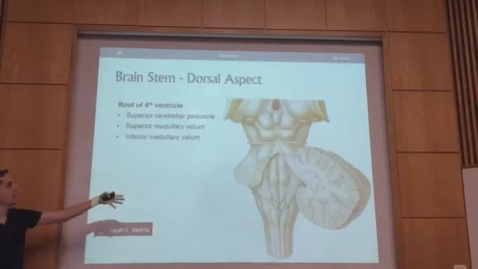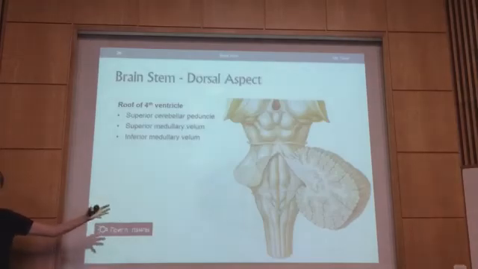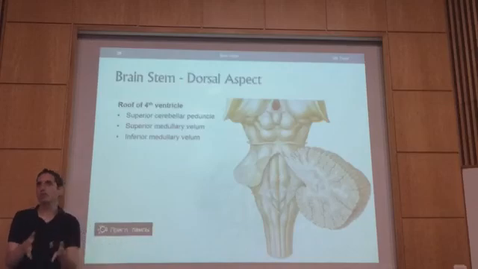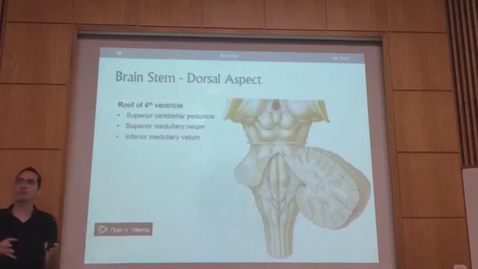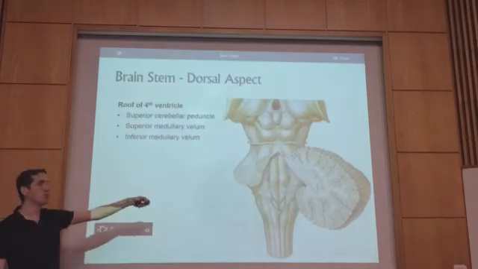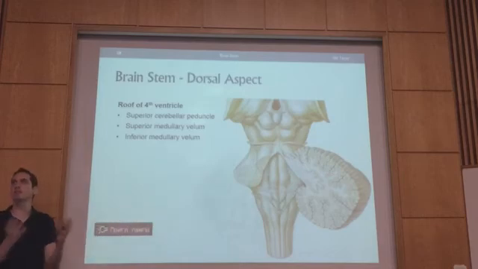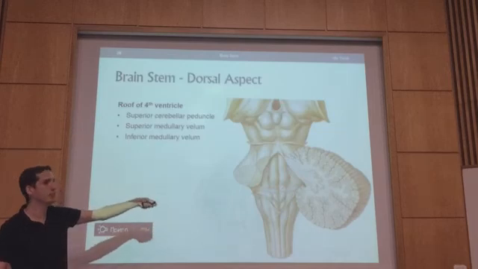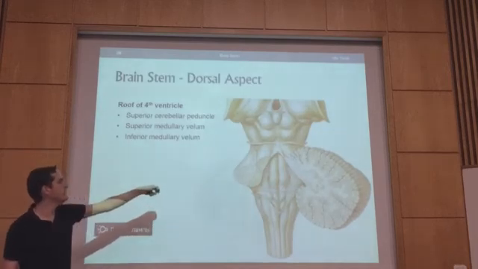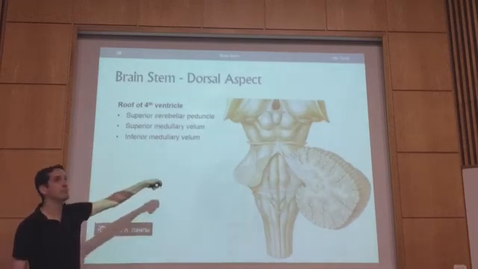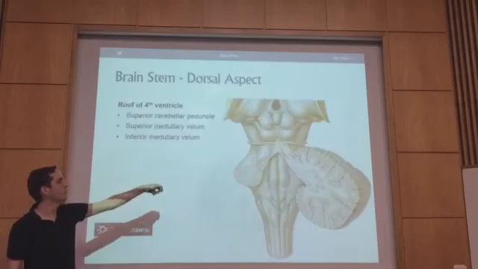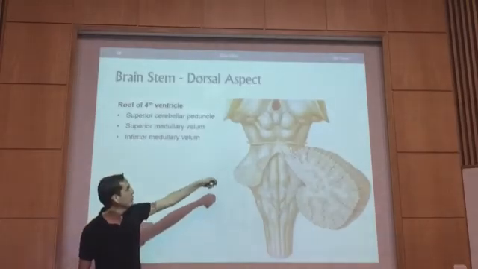So I just said that for the fourth ventricle, we talked about the floor, but it also has a roof. So it's not completely open. We can't see most of the roof here, because the cerebellum was removed in order for us to examine the floor, but there is a roof. This is the middle cerebellar peduncle. We saw it from the other side going to the pons. And this is the superior cerebellar peduncle on its way from the cerebellum to the midbrain.